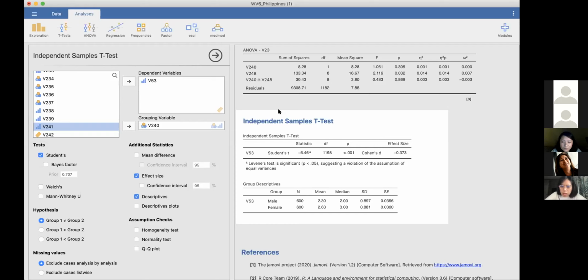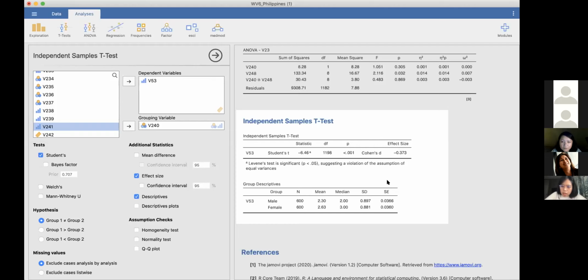Okay, so they do differ. Where do you see that? The p-value po. Tapos yung effect size si Cohen's d, it suggests a medium effect size. Okay, so it's significant. The difference is significant at p below 0.01, and the effect size is a medium effect size. So gender has a medium effect on this particular belief.